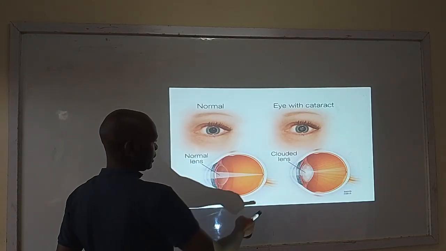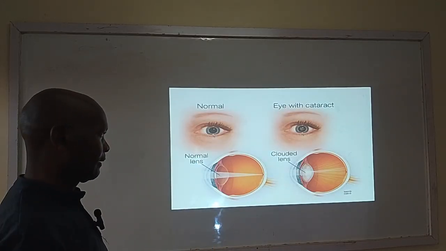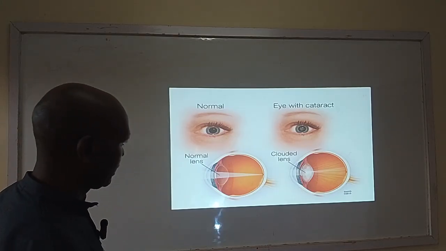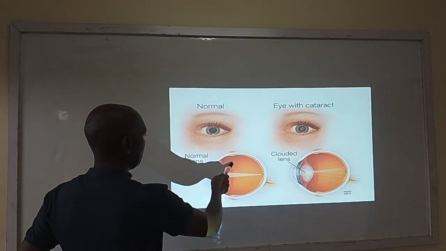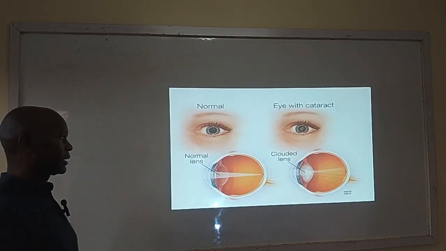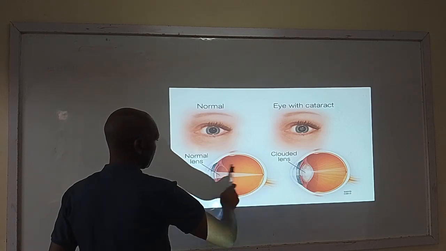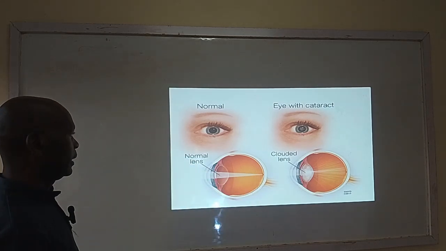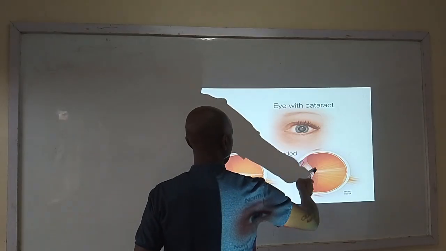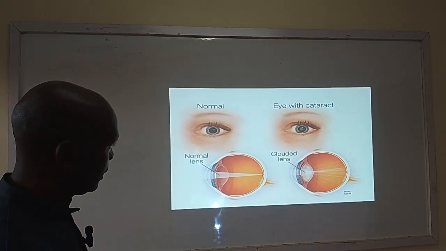So in fact, this is gradual now. So this patient will not be able to see clearly. Progressively, it starts slowly and then it progresses. So a normal lens looks like this, and a clouded lens looks like that. In a normal lens, light is passing through. In a clouded lens, light is obstructed and it is scattered. So that is how it looks like.